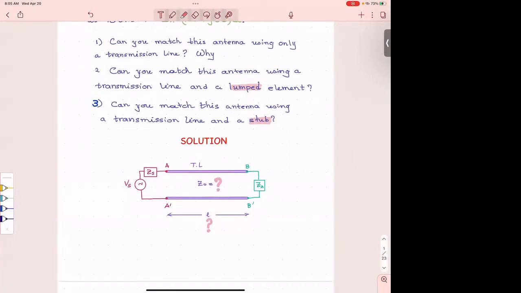Okay, so now what I always want you to do when you try to solve a problem like this, whether they give you a schematic or not, I want you to develop your own schematic. It's extremely important because if you try to develop your own schematic on the basis of how you understood the problem, not copy mine, develop it on your own on the basis of the problem that I gave you.